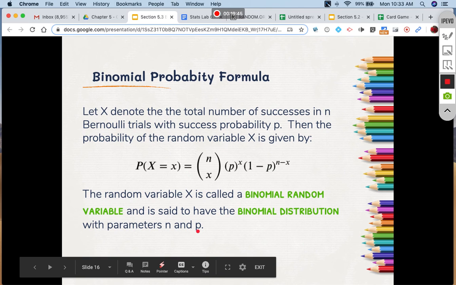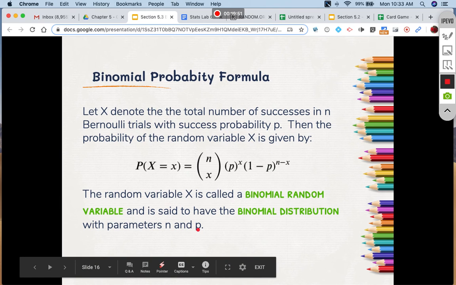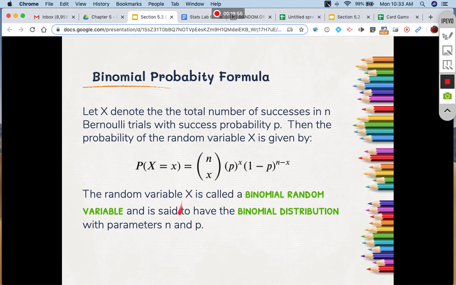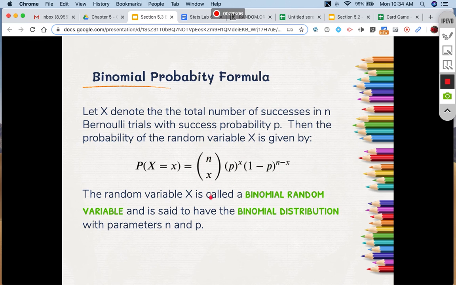It doesn't matter what the trial is, what you're doing. If it can be described as a series of Bernoulli trials, the distribution is going to depend wholly on how many times you tried it and what your probability of success is, because that's the only variables plugging into this formula.